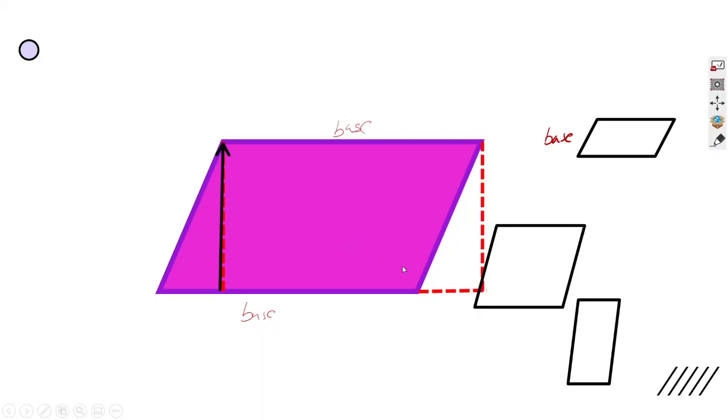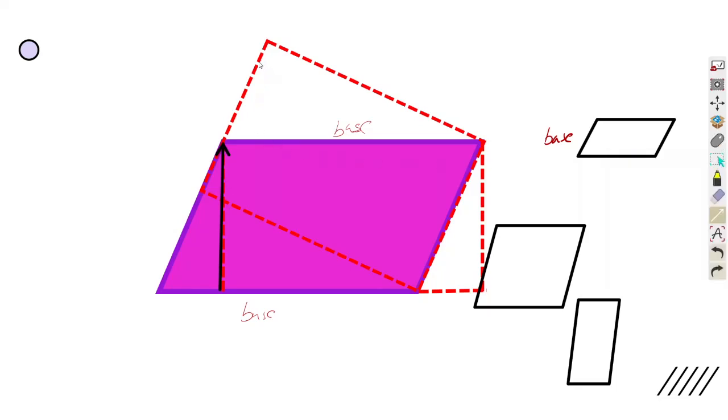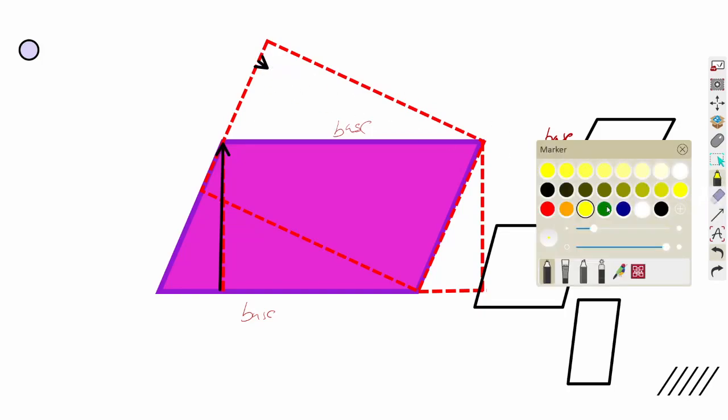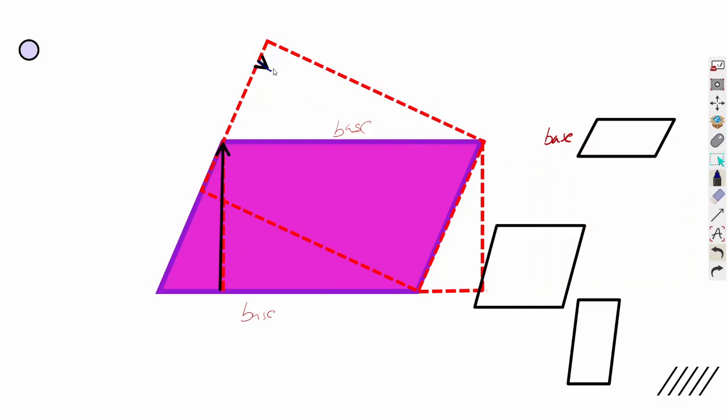And if I consider this side, you can draw base over here. And if I consider this side as base, I have to find out the height. In order to find out the height, I should extend and find out the height. When I consider here 90 degree, here it is 90 degree.